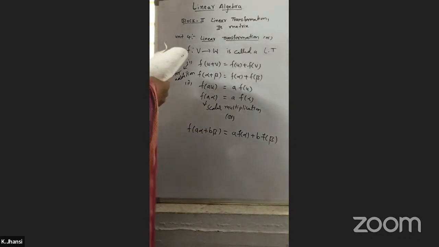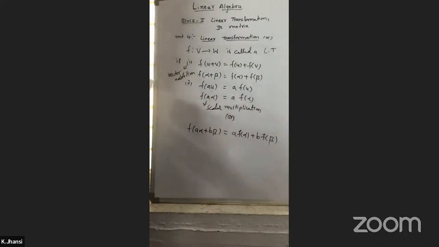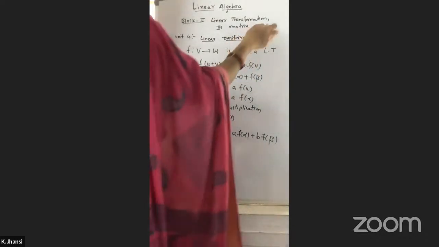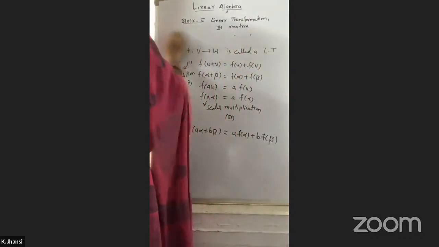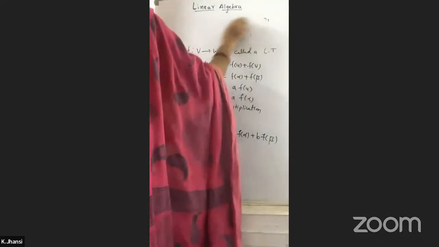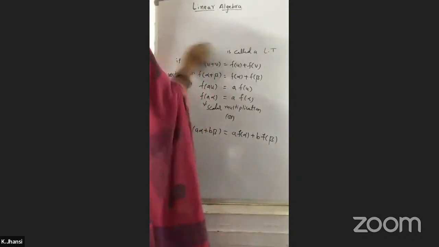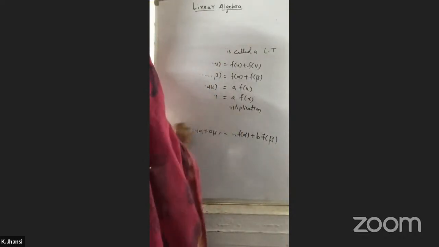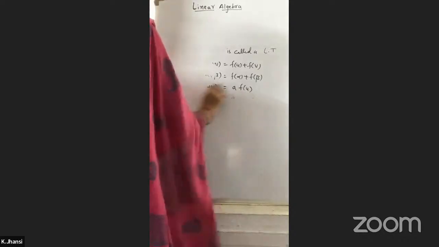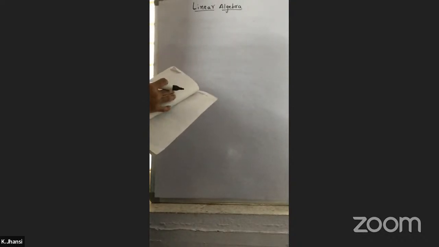So now we'll see one problem regarding the linear transformation. If you know the concept of how to solve this problem, then you will score 5 marks in section A. From the textbook, there is one exercise problem.